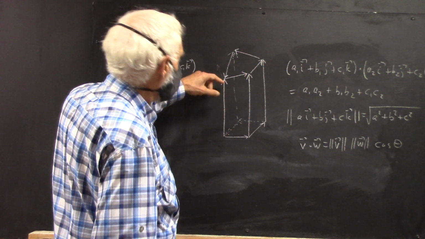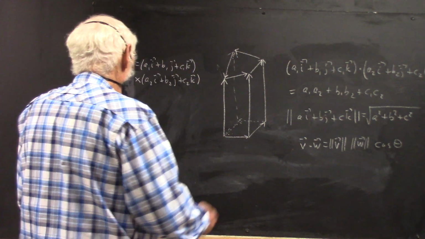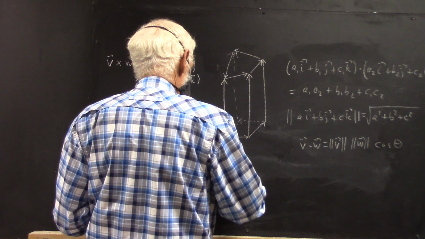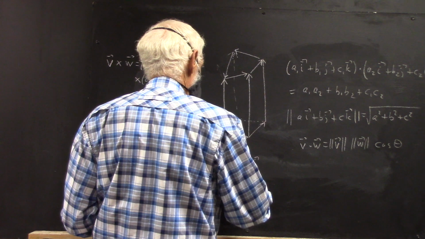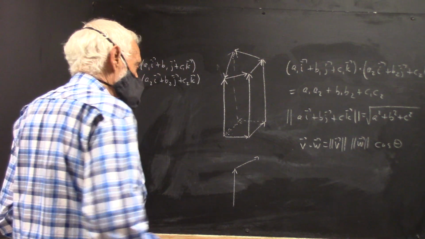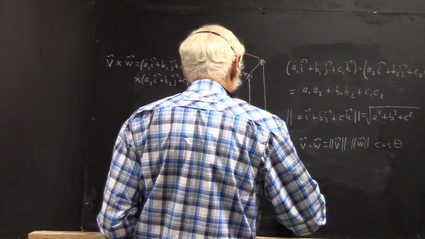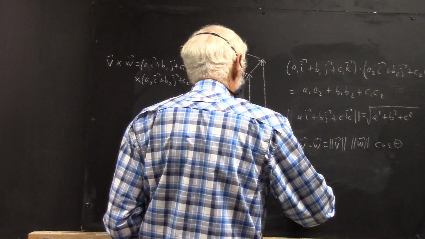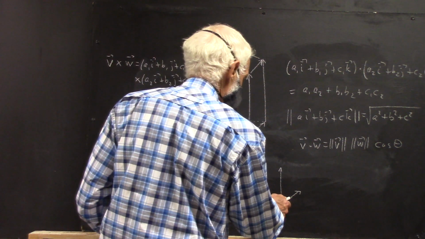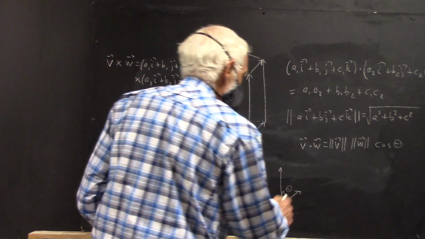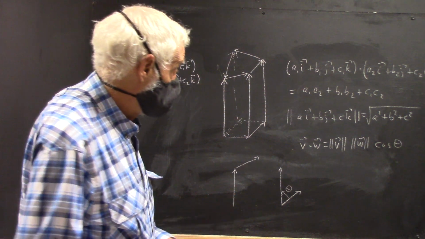Now you're calculating the closest angle between this vector and this vector. These vectors can go anywhere. So the angle between a vector like this and a vector like this is better visualized if you put the vectors so that they have a common initial point, and then the angle is just the closest angle, and it's always between 0 and 90 degrees, inclusive.